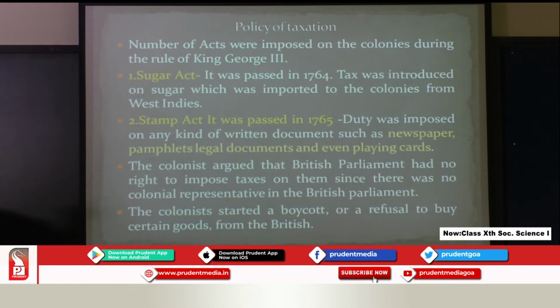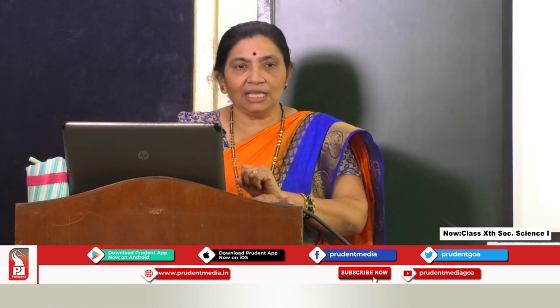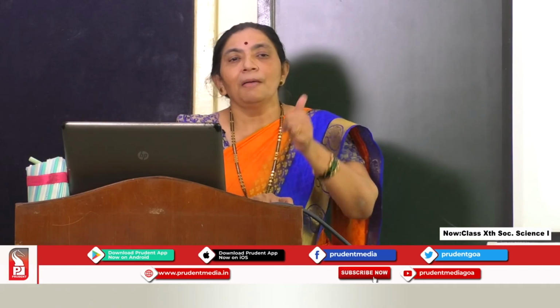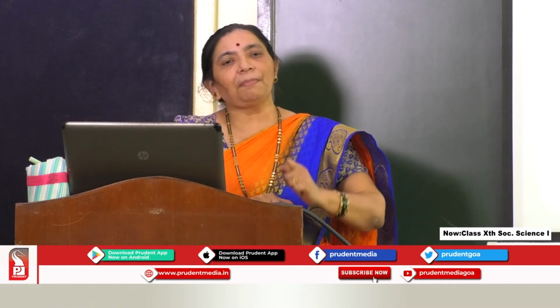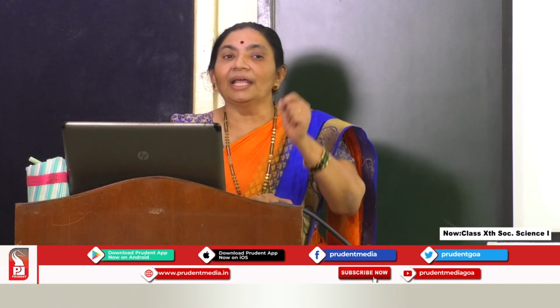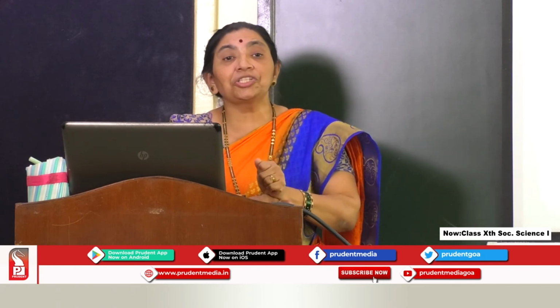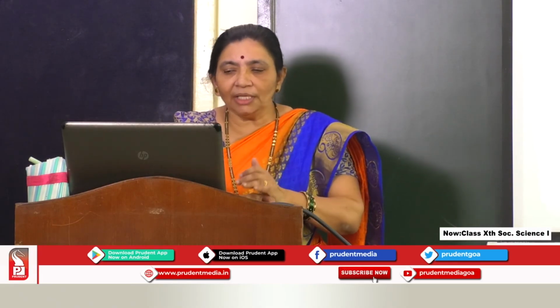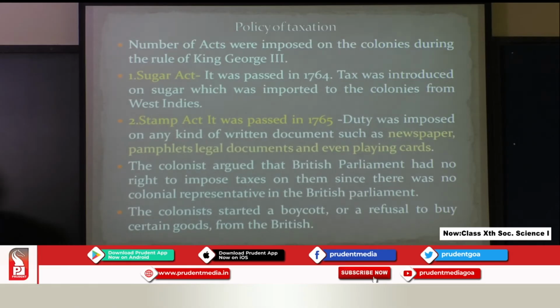See, when Goa has a state legislative assembly, we have our representatives from each constituency who will put up our problems before the assembly. Or even in the panchayat, we have the member of our ward who will put up our problems in the panchayat. Similarly, your representative was essential in the British Parliament, but this was not there. So the colonies said there are no representatives, so how can you all impose taxes?